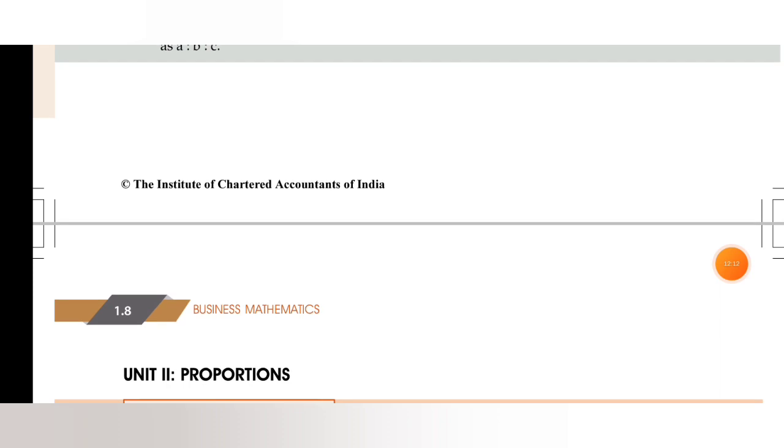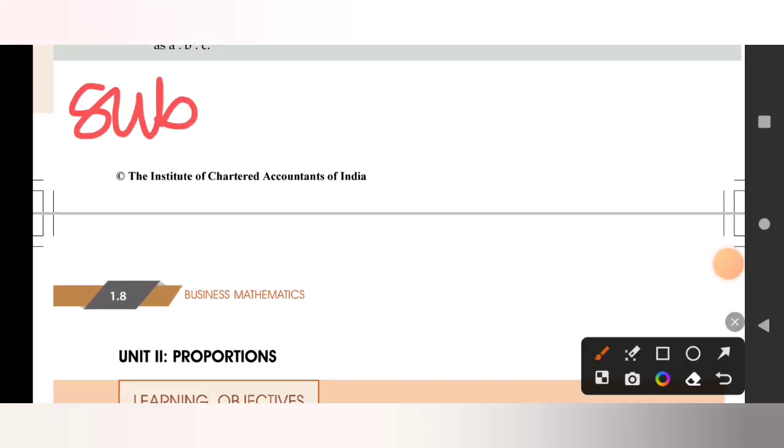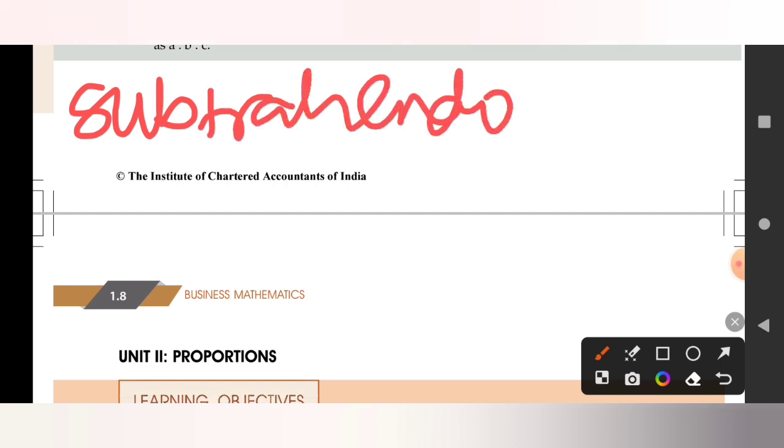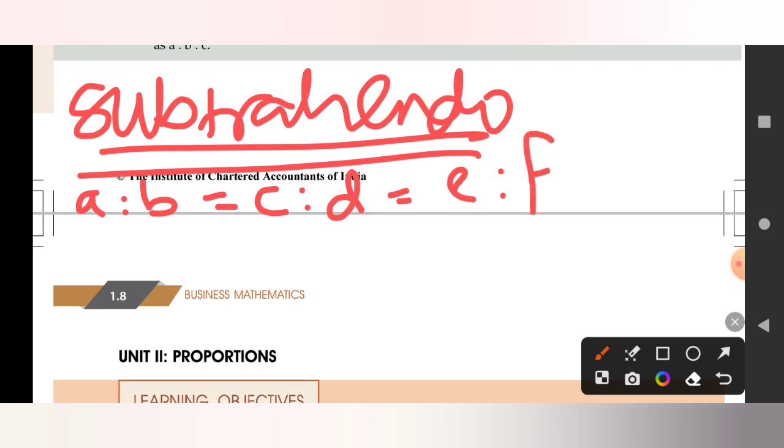The last property that you're going to study is subtrahendo. Okay, what is subtrahendo on the other hand? Again, there are two or more ratios which are equal to each other. So subtract from the first all the numerators and subtract from the first all the denominators.